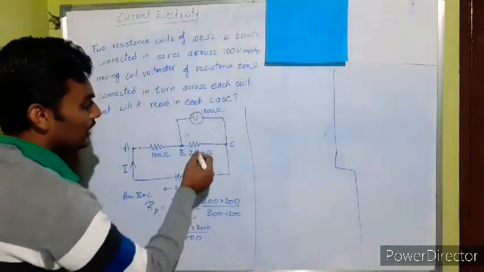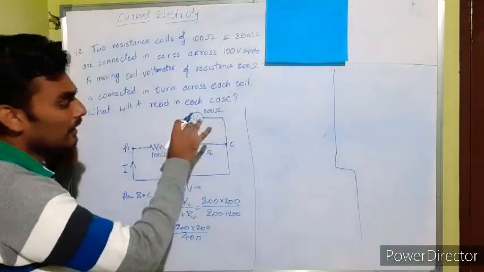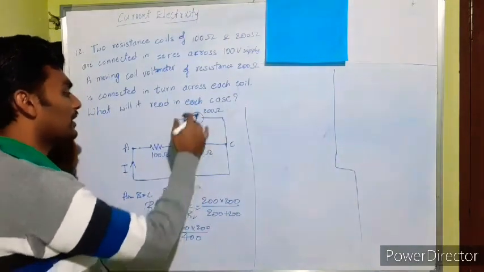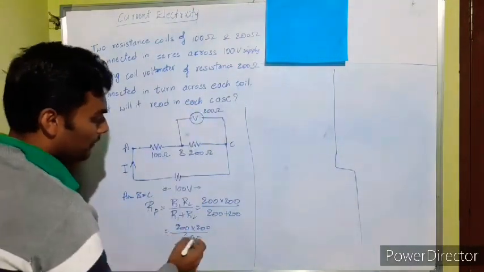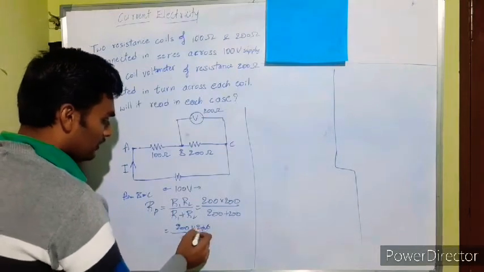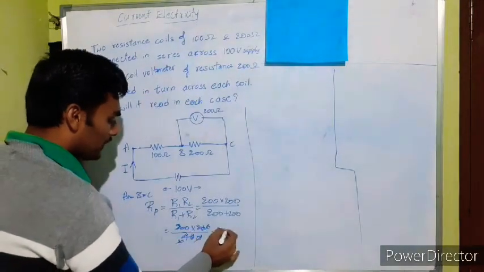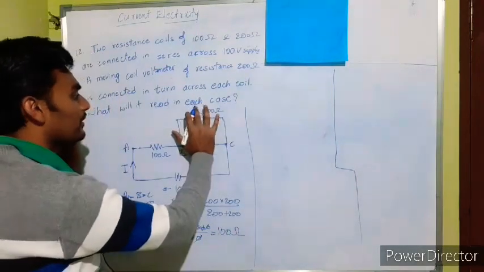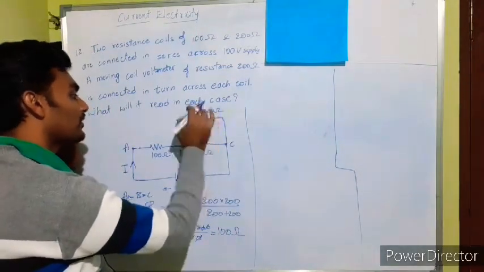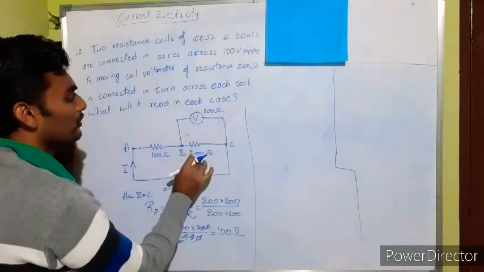When they are equal, I can directly take the effective resistance as half of them. So 100 ohm is the effective resistance of this voltmeter's resistance and this 200 ohm resistance.